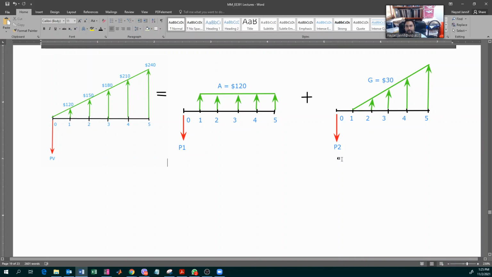So how can we rearrange it so that it starts at 1? So basically, if you look at it, you'll see that this is actually an annuity, and your arithmetic gradient is actually sitting on top of your annuity.